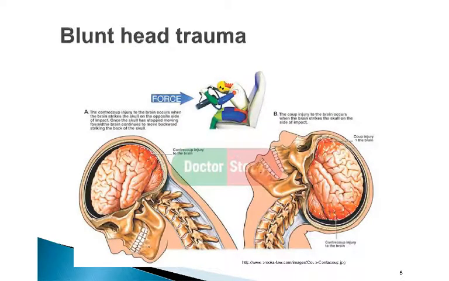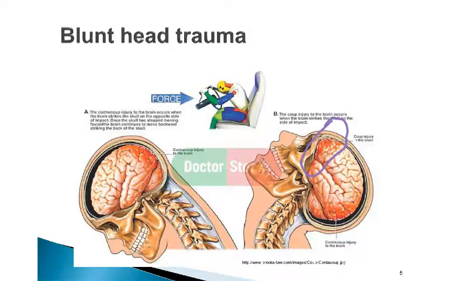So this is an example of a Contrecoup closed brain injury, and this one is very typical of a motor vehicle accident. As you can see from this image, the Coup injury to the brain occurs when the brain strikes the skull at the site of the impact, so here.